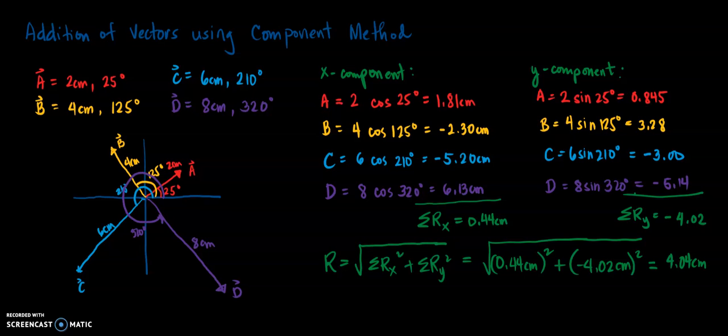Next is to compute the direction of R, in which theta can be calculated by the arctan of the summation of Ry over the summation of Rx. And that is equal to the arctangent of negative 4.02 divided by 0.44.